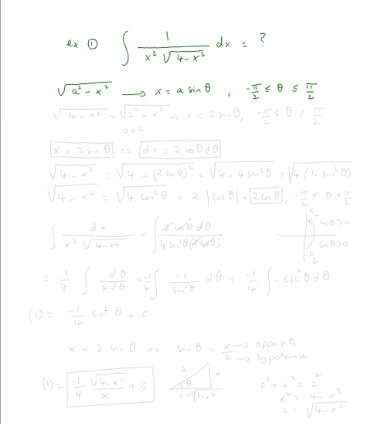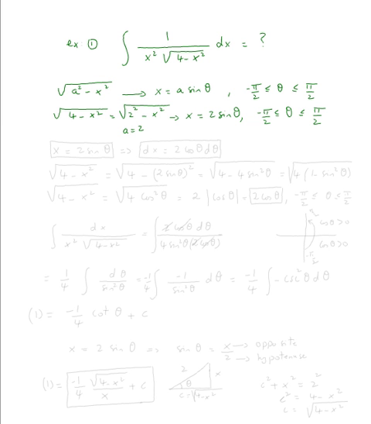So square root of 4 minus x squared, where 4 is 2 squared, is the same thing as 2 squared minus x squared. My a happens to be 2, so x equal a sine theta means x equal 2 sine theta, and I want my theta to be between negative pi over 2 and pi over 2.